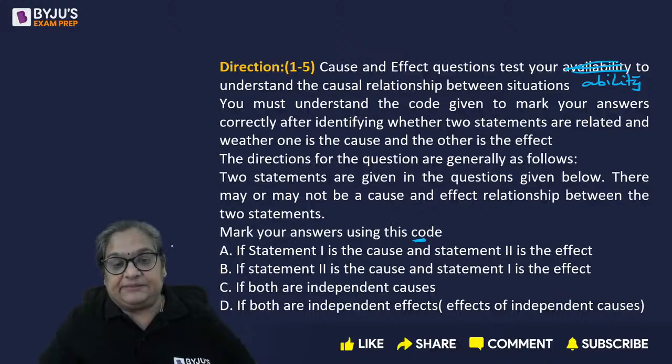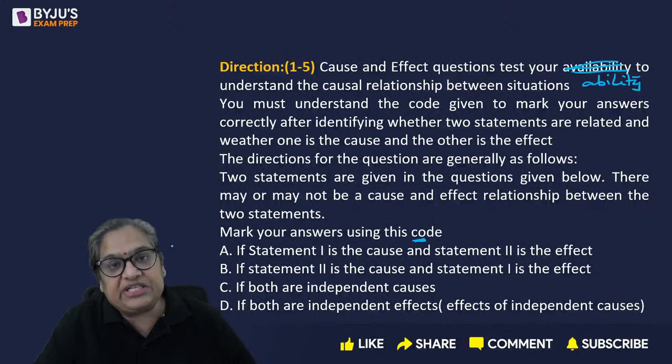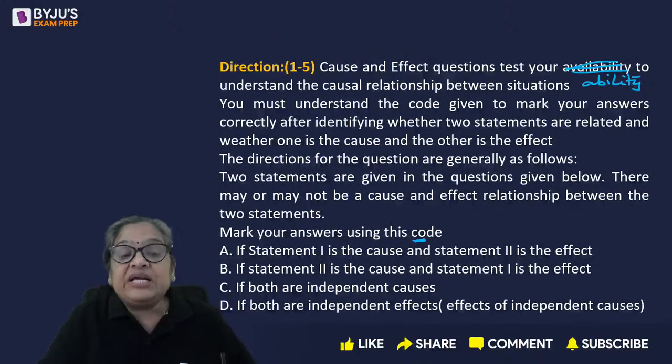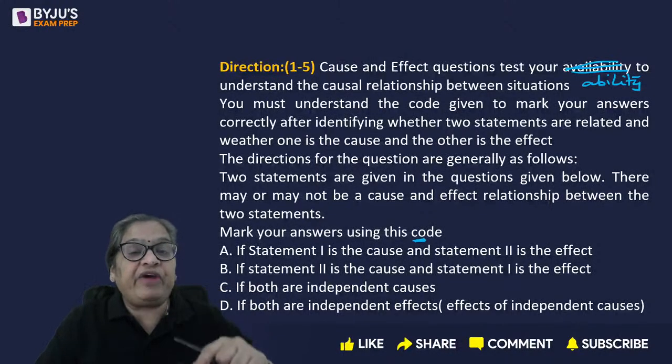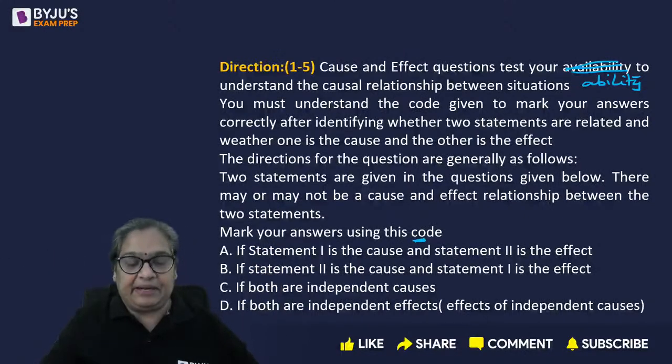Generally, it looks like this. Mark A if statement 1 is the cause and statement 2 is the effect. B if 2 is the cause and 1 is the effect. C if both are independent causes. And D if both are independent effects. Sometimes it will say effects of independent causes. That also means independent effects.